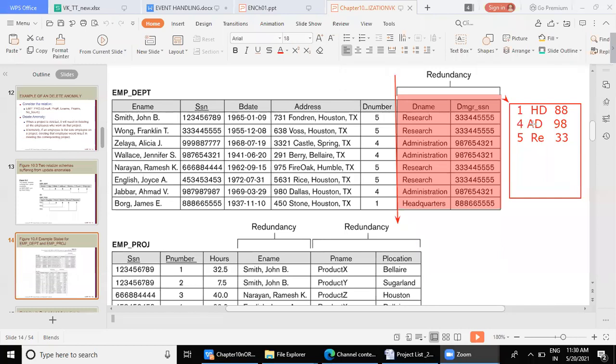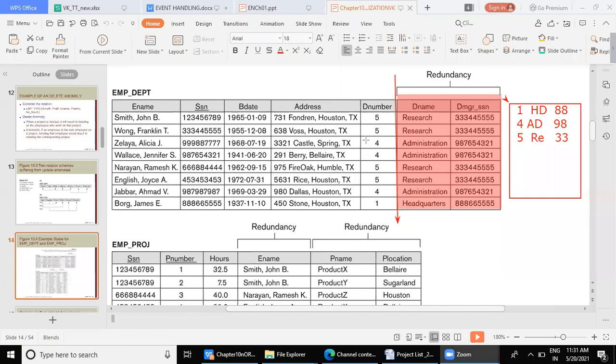I asked how many people are there in the AD department, that is the administration department. Your brain checked what the number of the administration department is. That number is 4. Then your brain carried that number 4 to the employee table and searched where all 4 is there. Wherever you found 4, you counted 1, 2, and then 3, and this is how you got the number.